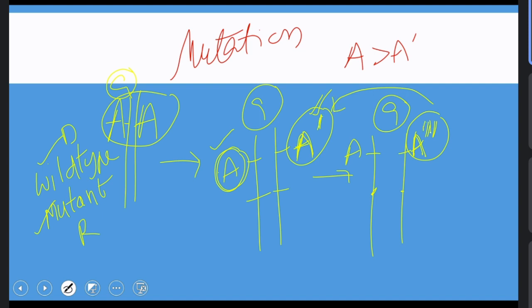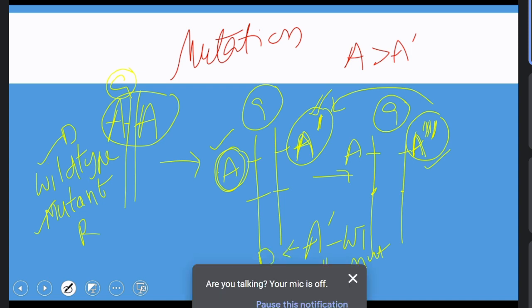Here A single dash will be the wild type gene for A double dash, and A double dash will be the mutant gene. Thus now we see that A dash is dominant and A double dash is recessive.